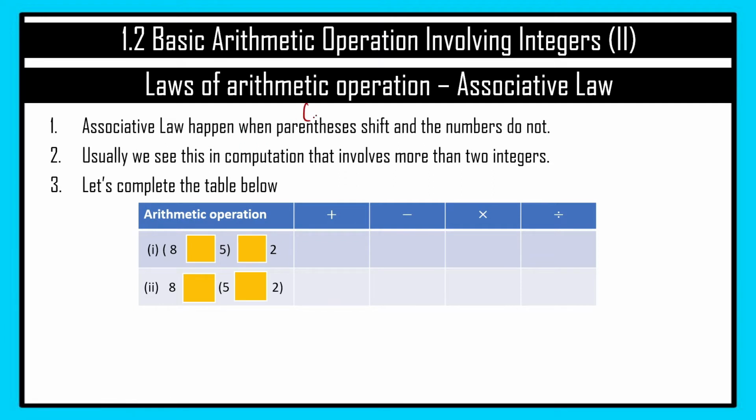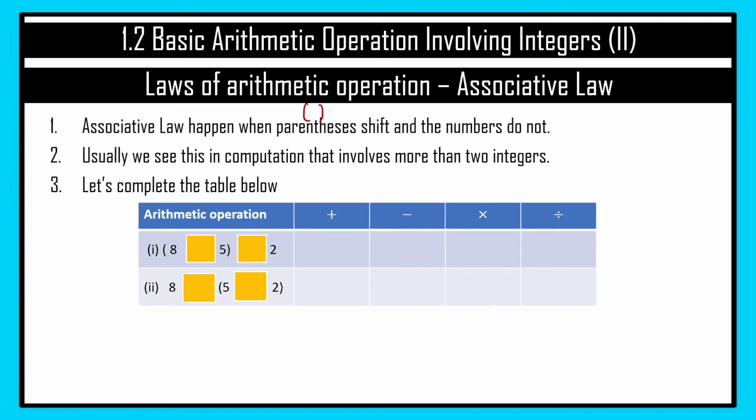So it happens when the bracket, the parenthesis, shifts and the numbers do not. Okay, we look at this example. You see that the bracket is at 8 and 5. Now I shift it to the back, so it becomes 5 and 2.